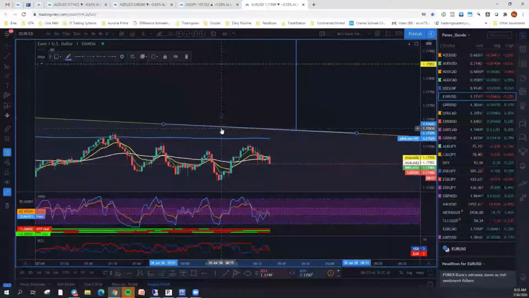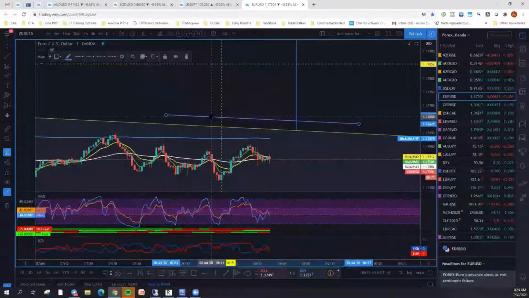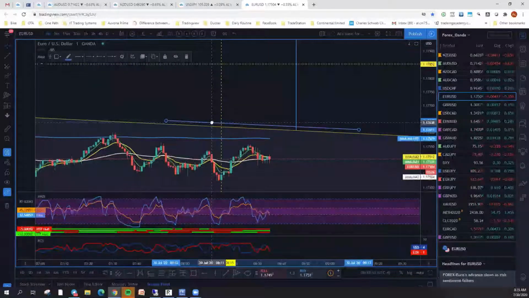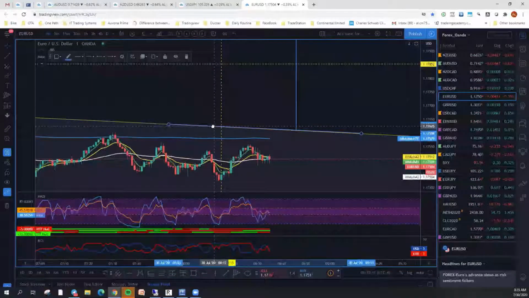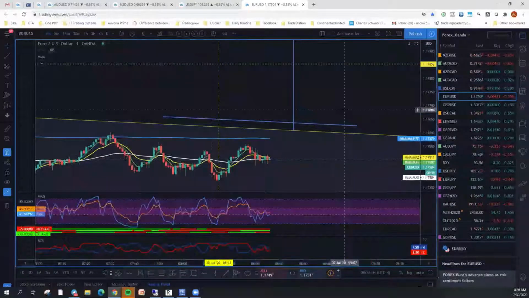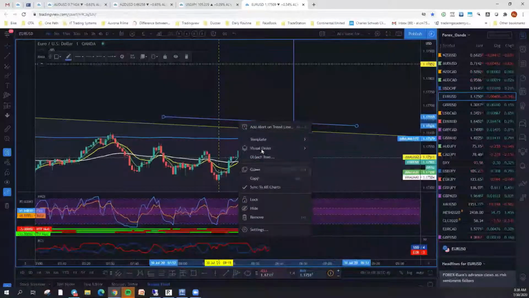So that's at 61.6, 63.6 we're looking for. That is 62, 64.5. We'll go right about there. Make this our entry to buy.